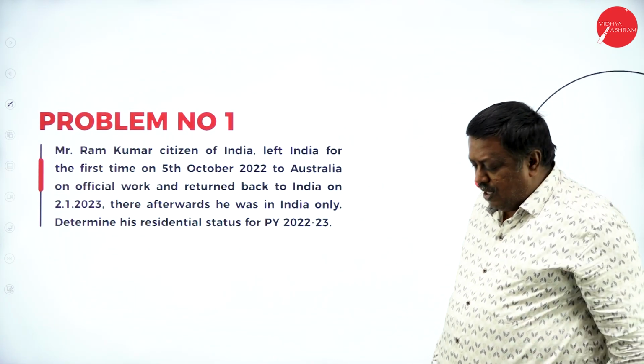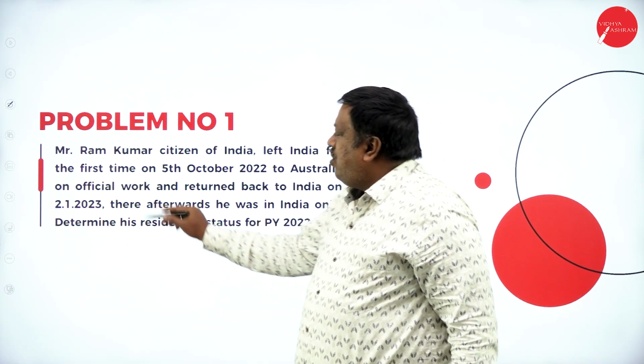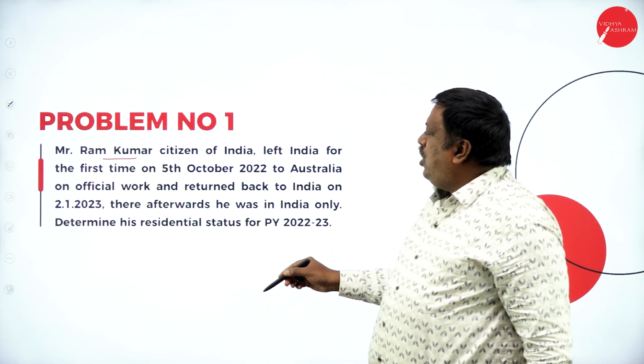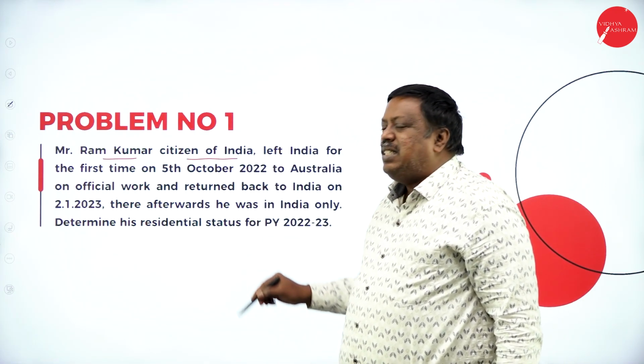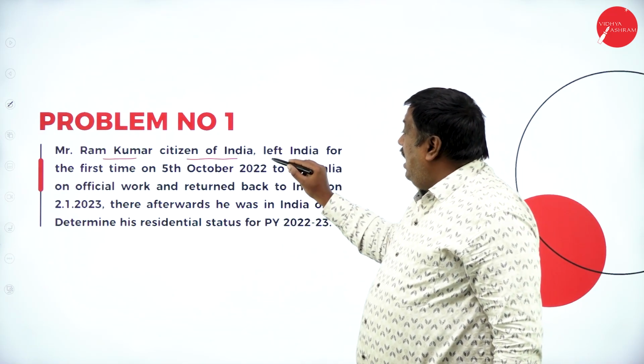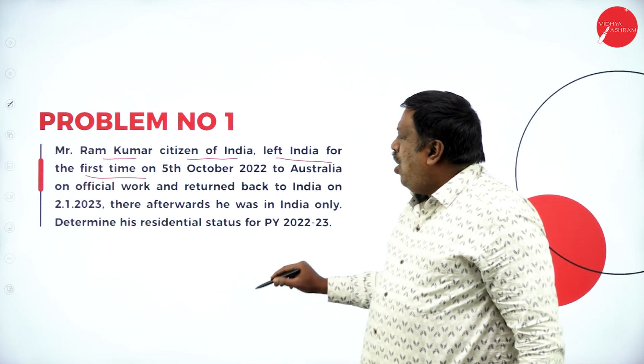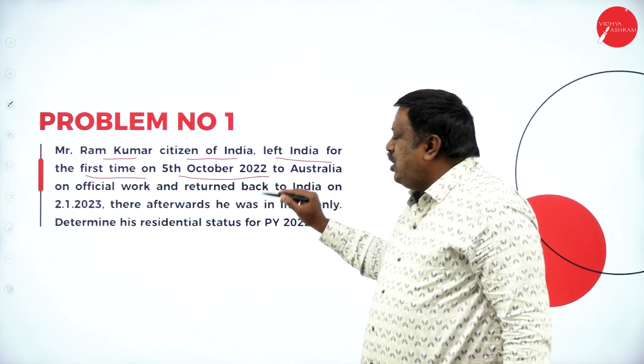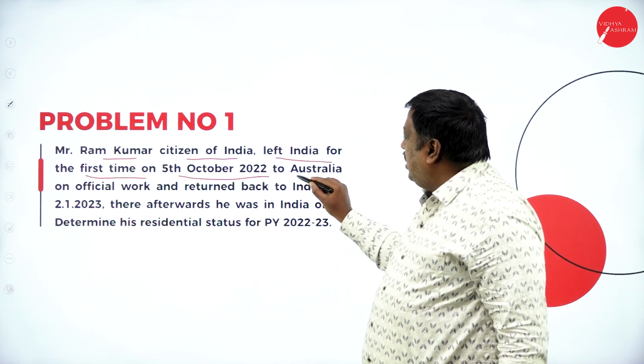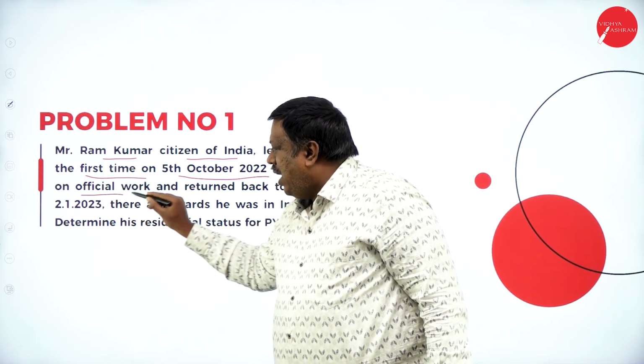Problem number 1. I'm Mr. Ram Kumar. My citizenship is India. I'm a citizen of India. I left India for the first time on 5th October 2022 and went to Australia on official work.